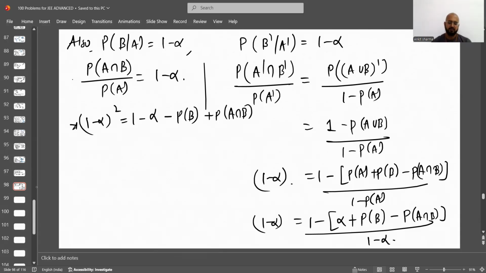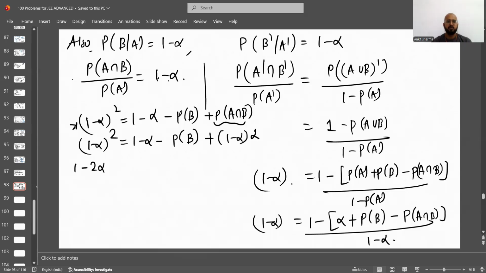Now let us see what we have. From here, P of A intersection B we can write down. So I have 1 minus alpha square is equal to 1 minus alpha minus P of B, plus 1 minus alpha into P of A, which is alpha. So now open this: 1 minus 2 alpha plus alpha square is equal to 1 minus alpha minus P of B, then plus alpha minus alpha square.